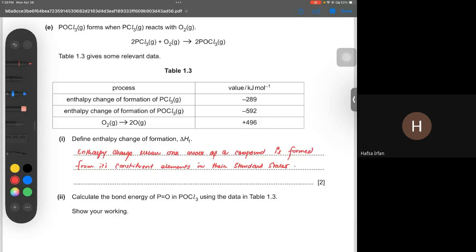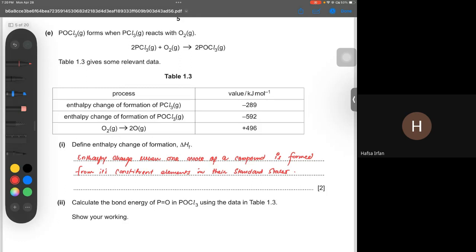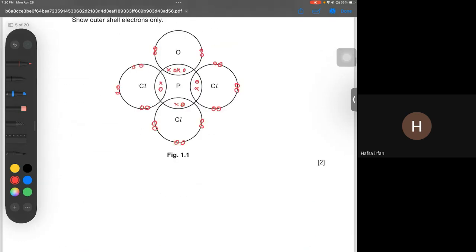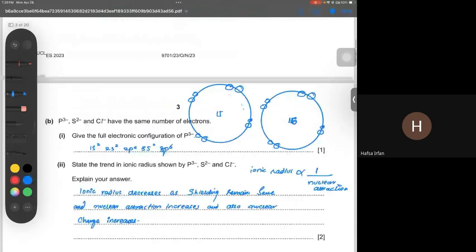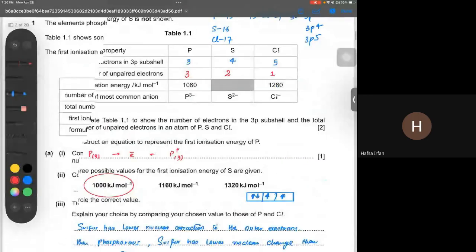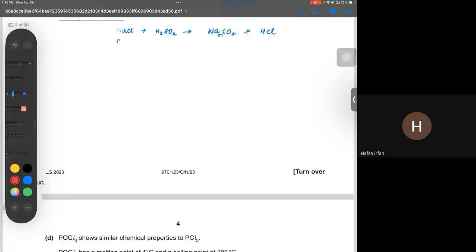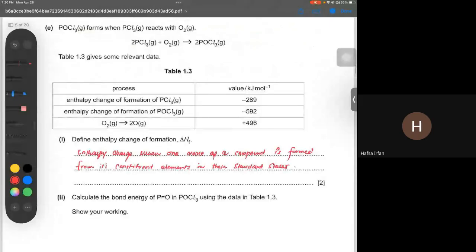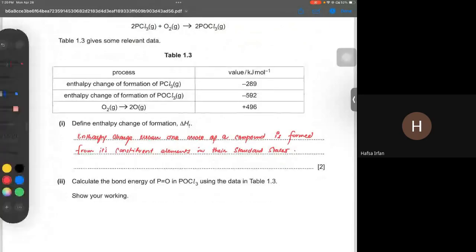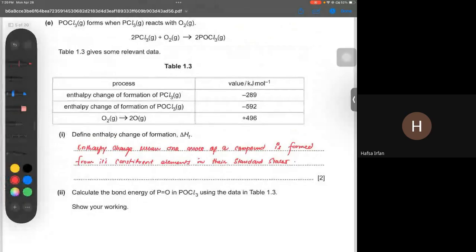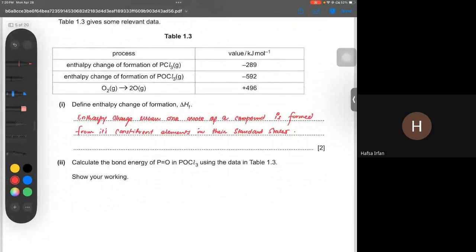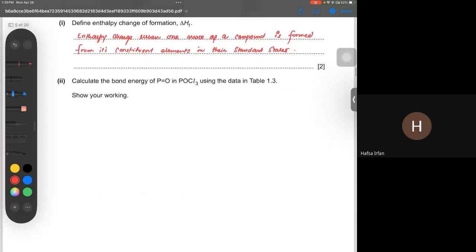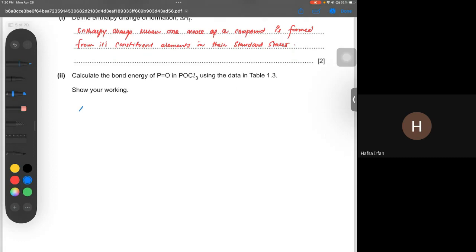They have given you the oxygen value, that is 496, of course, and they have given you the overall enthalpy change of formation of PCl3. The enthalpy change of formation of POCl3 they have given to you, that is minus 592. That is the overall value.